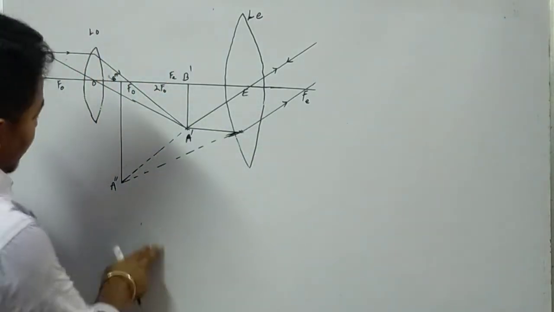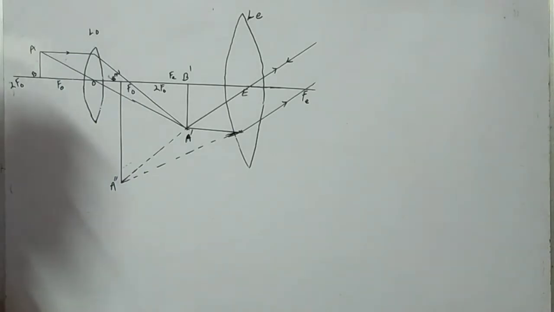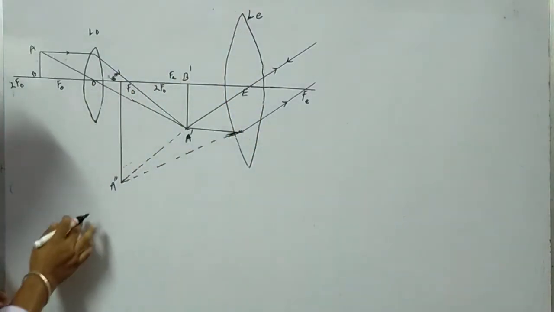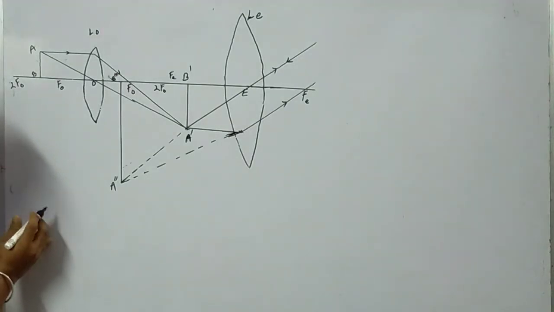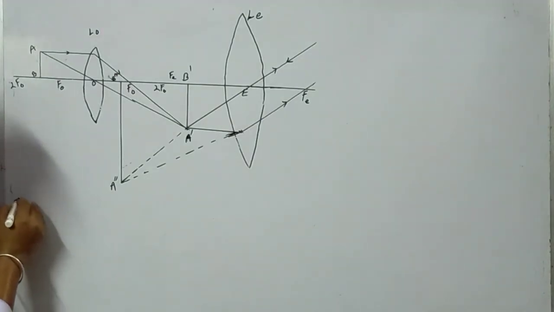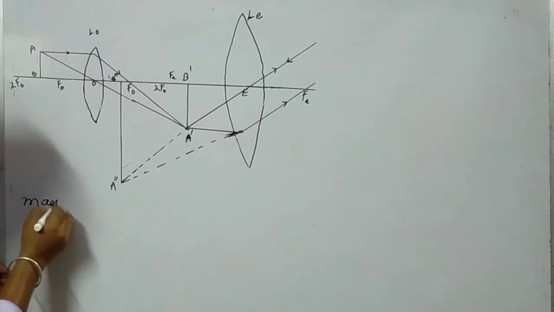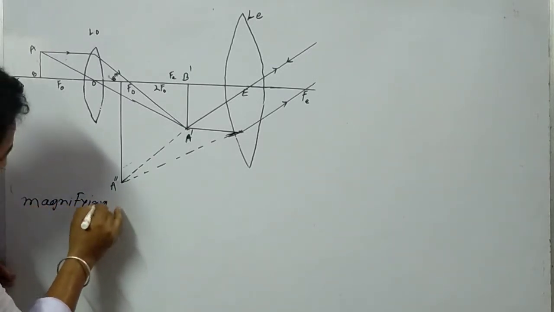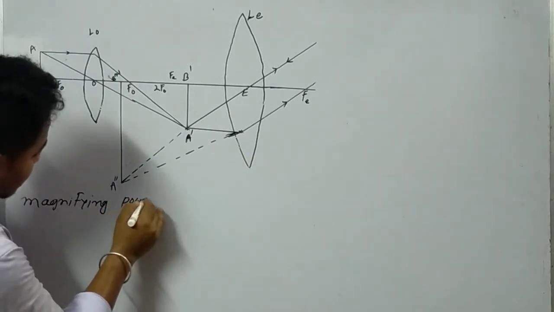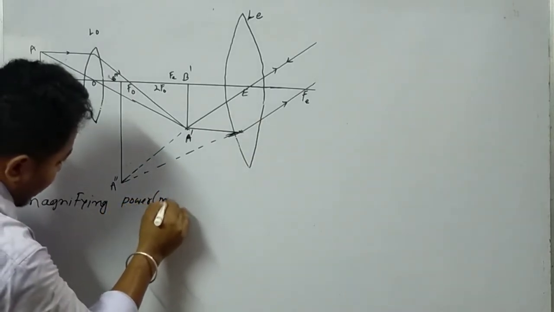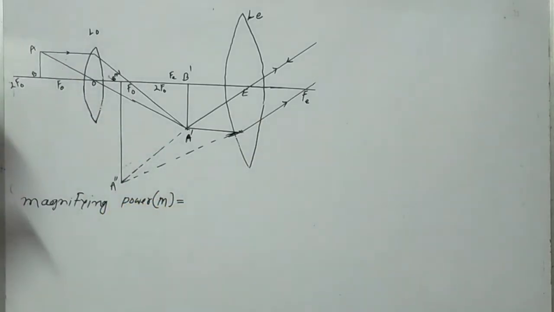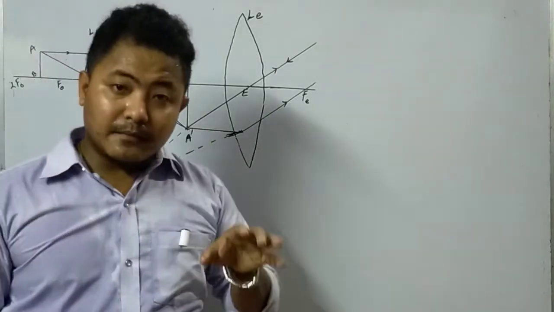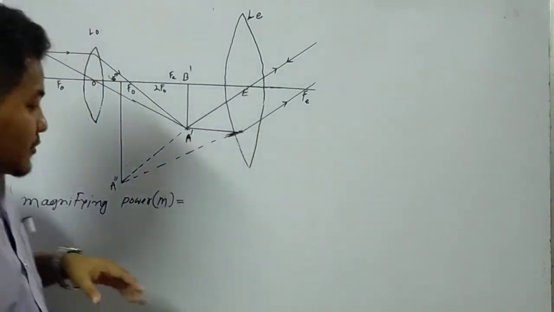Now we'll go on to find the magnifying power or angular magnification. So here we go. We'll write now magnifying power, M, and this magnifying power M is also known as angular magnification. That thing you know.